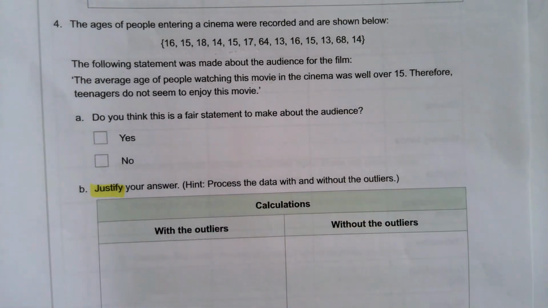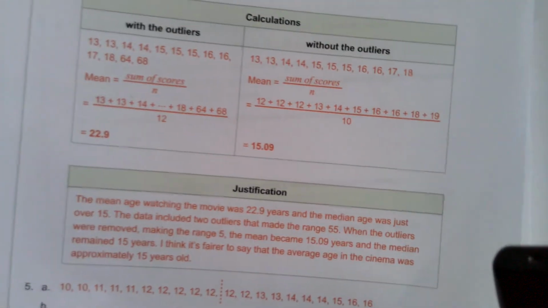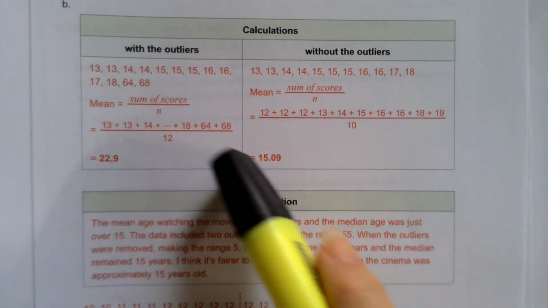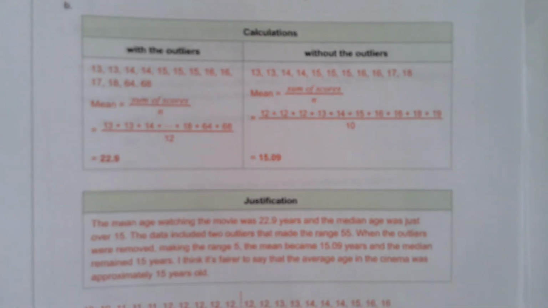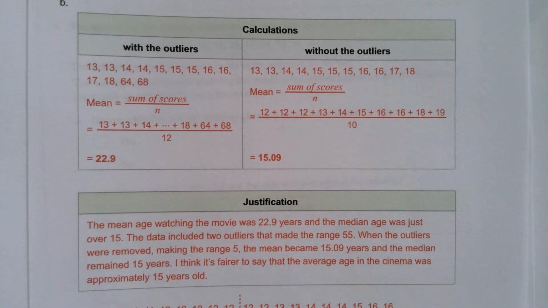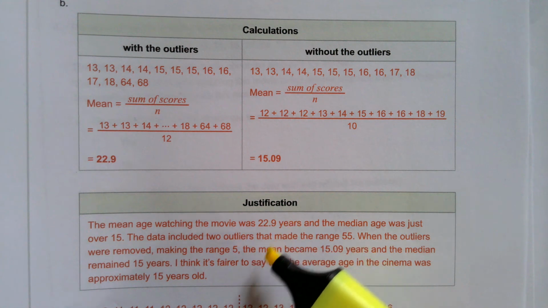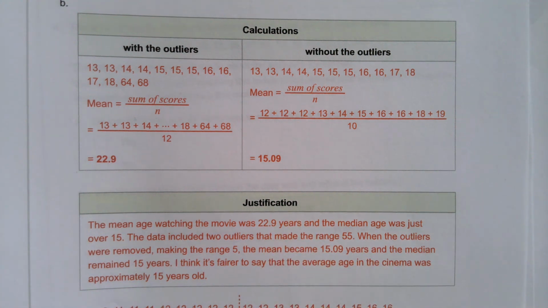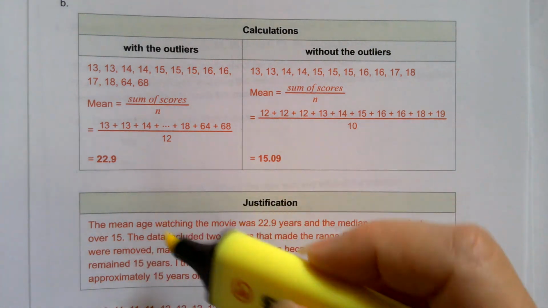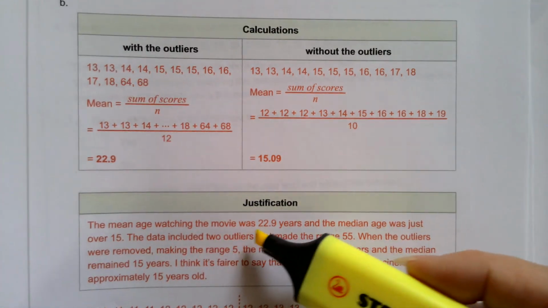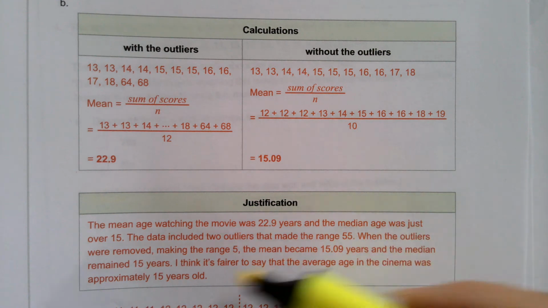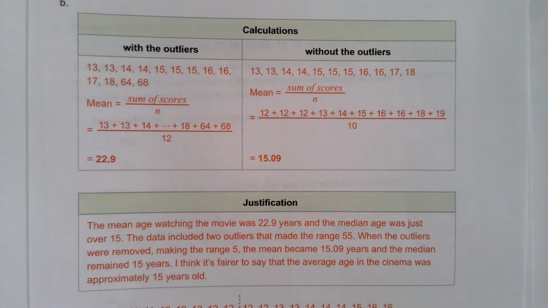So 15 was that number they were looking at, and it proves that here that 15 was the average when you get rid of the 2 grandparents that turned up with their grandchildren. Okay, so this is a justification. These are the words that you need to use, not in the same order, sentences may be different, but you need to say that the mean age watching the movie was that and that, depending on your outliers.